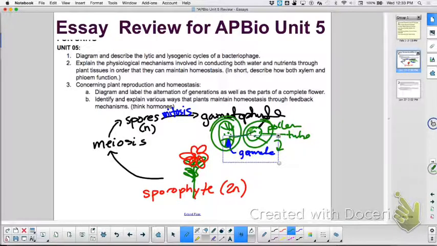So when we eat fruits, are we eating the female gametophytes? What are we eating? The ovary that surrounds it. I would probably draw, do you know what I'm drawing right now? It looks terrible, but this would be the pistil.